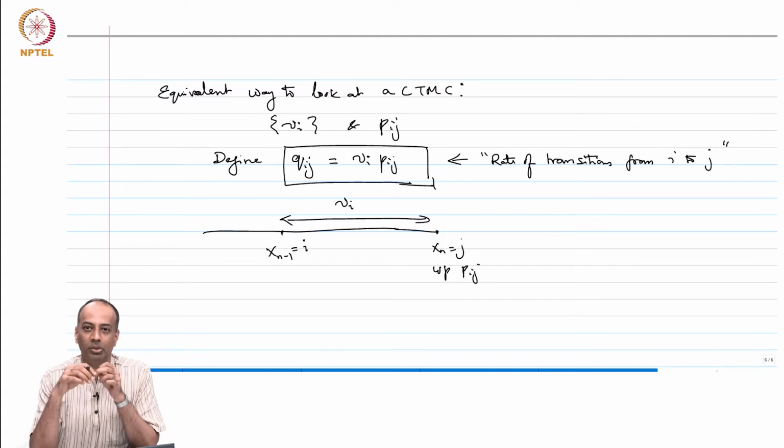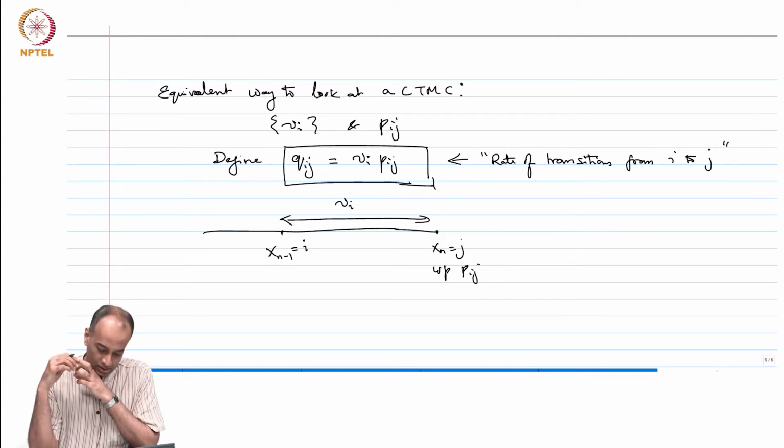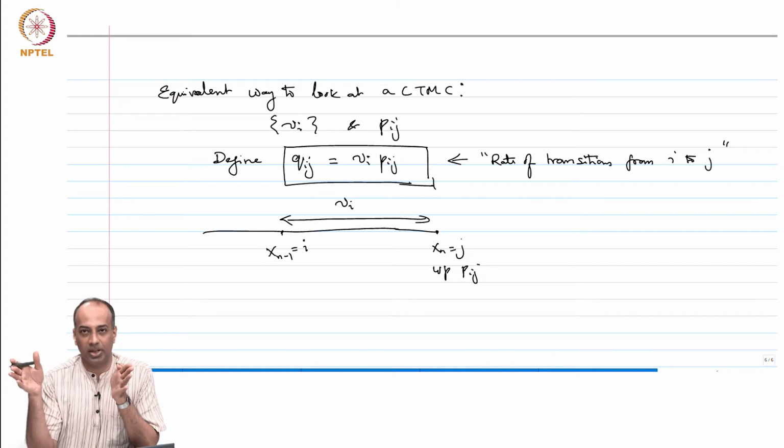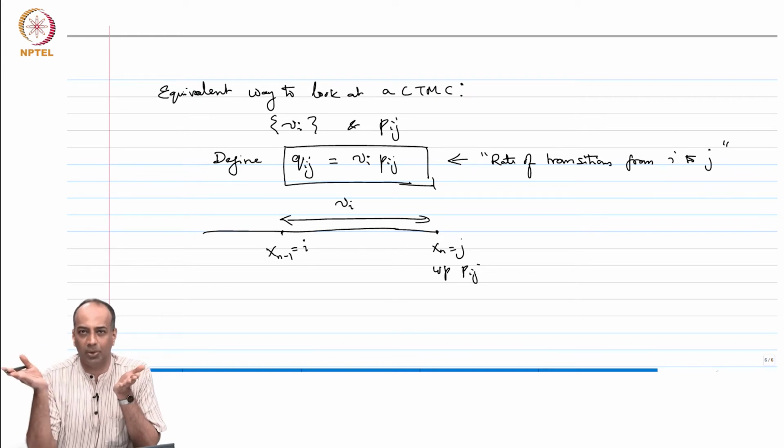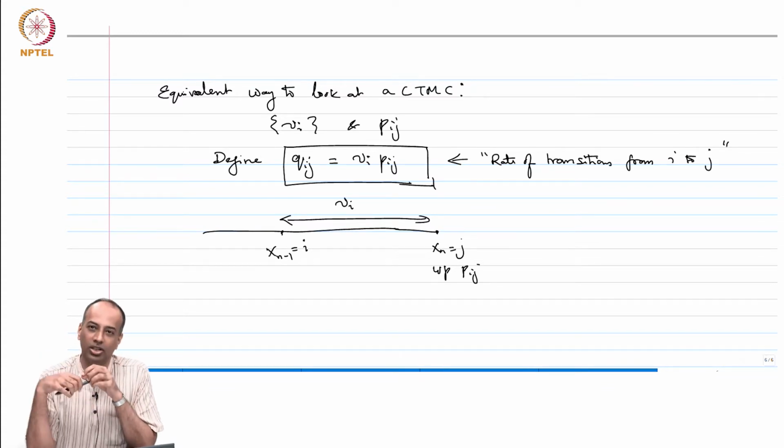Now, of all these independent competing Qij exponentials, what is the probability that a particular exponential into state k wins? It will be Qik over the sum over all the Qij's, correct. Now, what is the sum over all the Qij's?